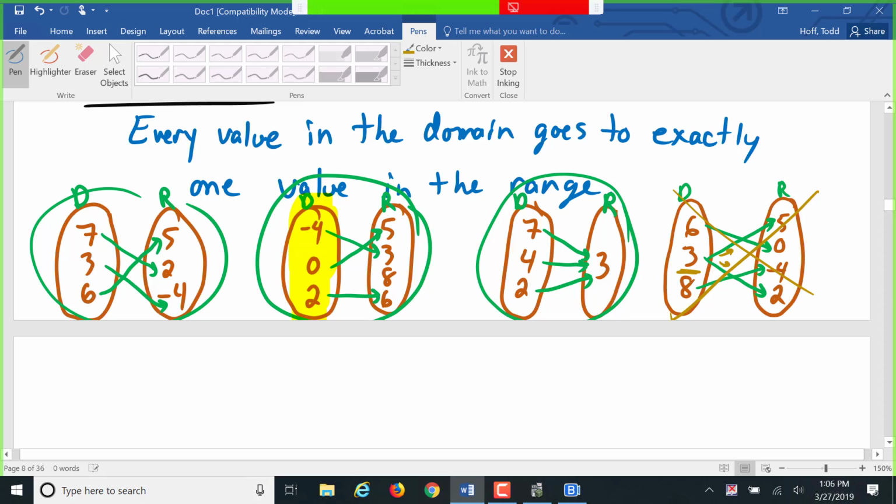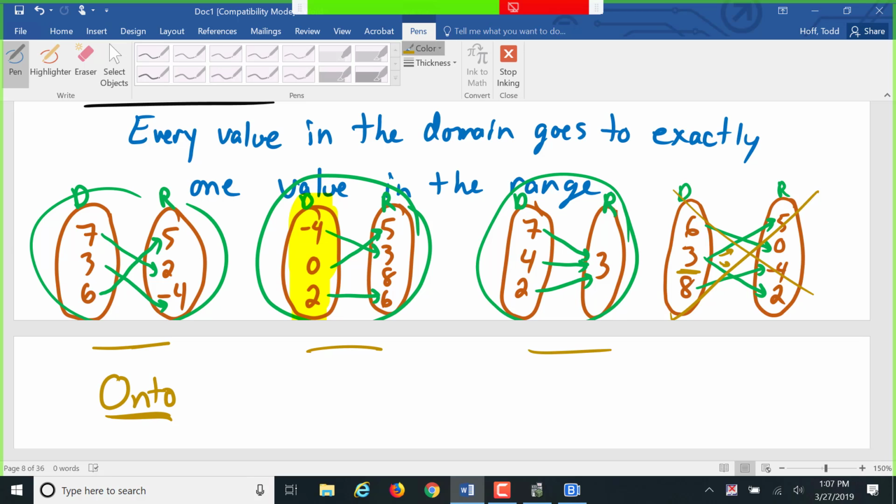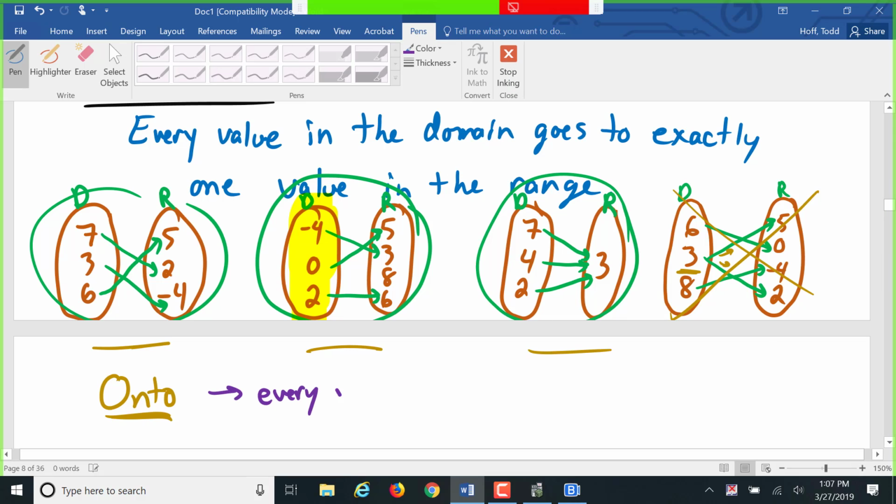Now, there are some special names for these different types of functions. These 3 here are all functions. There's a term called onto. Onto means every value in the range gets at least one value from the domain.